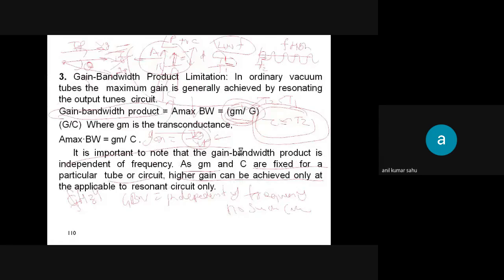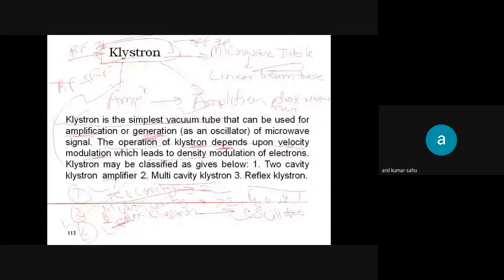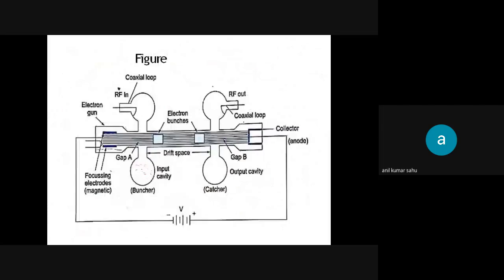Now I am going to discuss the structure of the two cavity klystron, how it looks, and how we can explain it. Two things you need to remember.